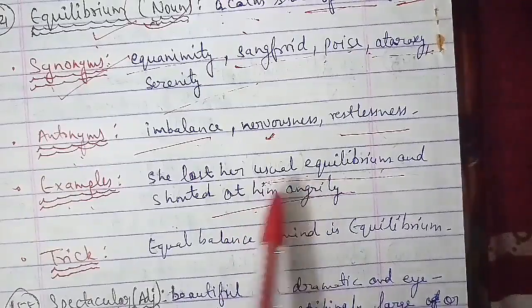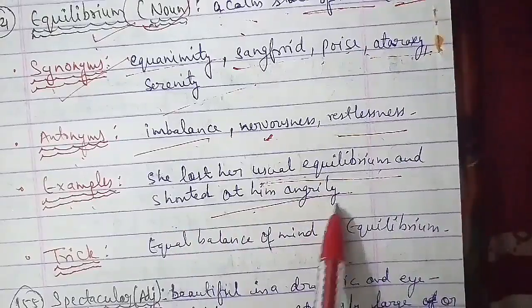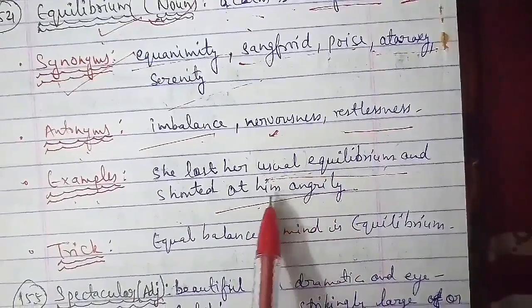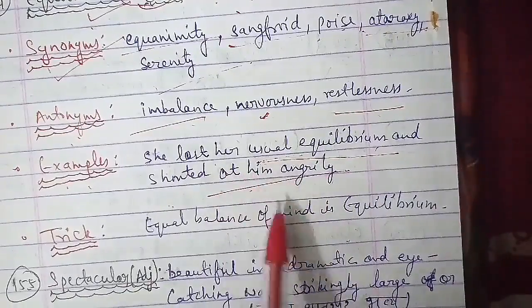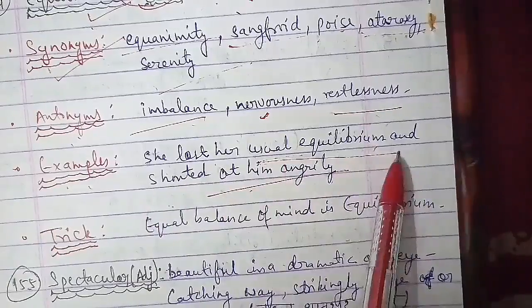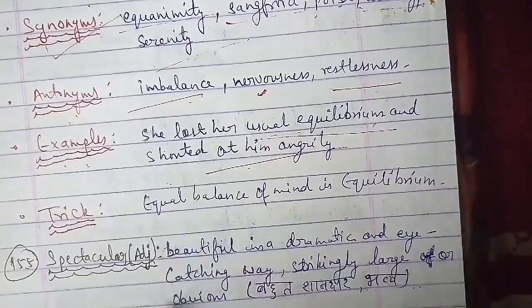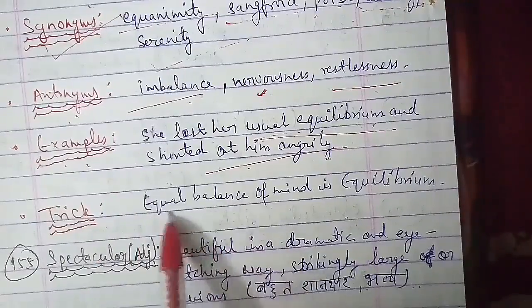She became angry and shouted at someone. Now the trick to learn this word: equal balance of mind is equilibrium. You can say equal balance of mind is known as equilibrium as well.